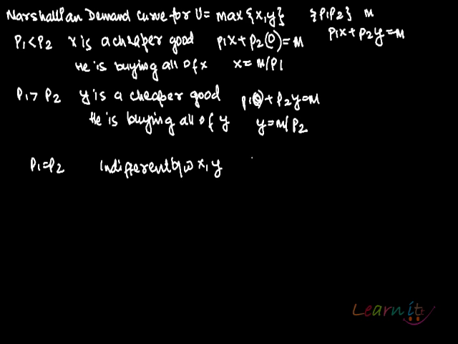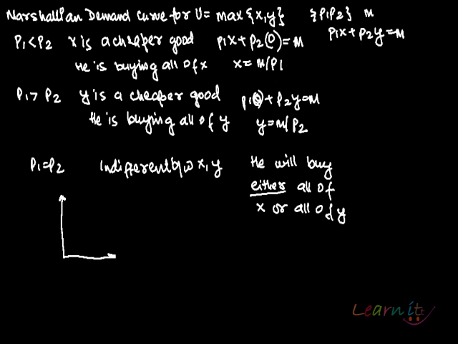So how much is he going to buy? He will buy either, remember this, either all of x or all of y. Now in case of max, it would not be the case that he can buy anything between on the indifference curve. Let me just draw it very quickly for you.